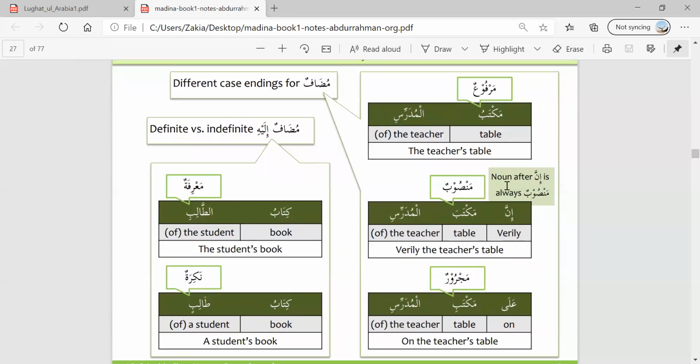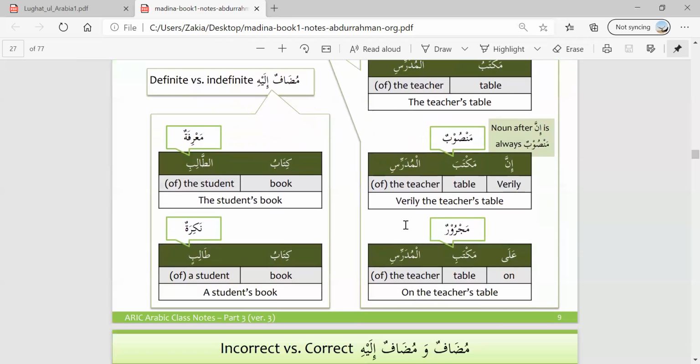Because we have inna here, which means indeed, or you're stressing some importance on the sentence, the second word will always be mudaf, and then this will be the mudaf ilayh. Now, your mudaf will not be in marfu', it'll be in mansub, and that's due to this inna.